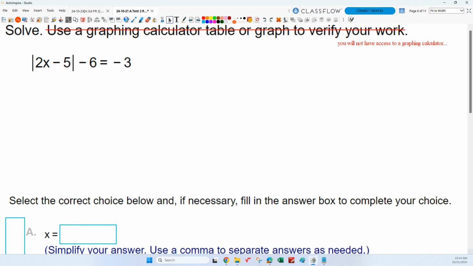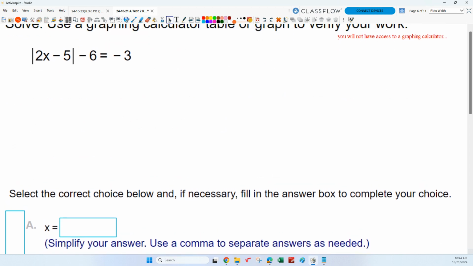All right, so what do we do? What's our strategy for solving an absolute value equation? Isolate the absolute value first. So the first step is what then? Add 6. Good. Add 6 to both sides. Those guys cancel.